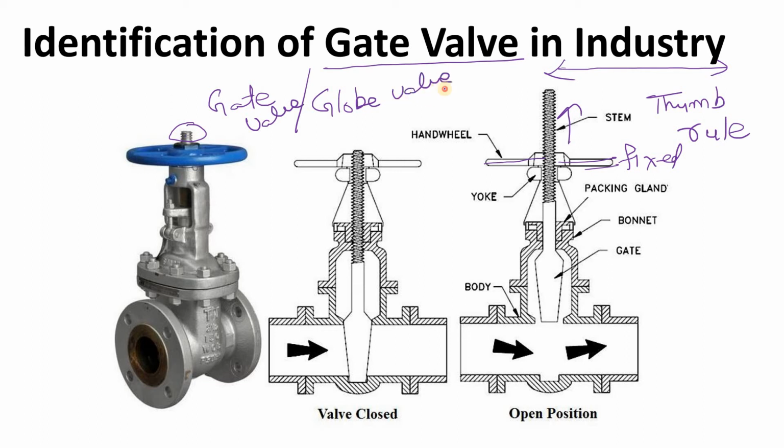But there are also those types of gate valves where the stem and hand wheel are fixed, but frequently or widely you will see these types of gate valves, and you can find them easily. Whenever you go to the industry, just see the valve, and when you find this type of situation, you can simply say that this valve is at the open position.